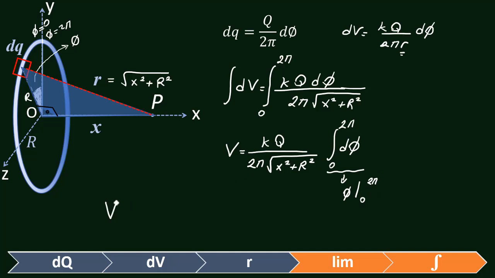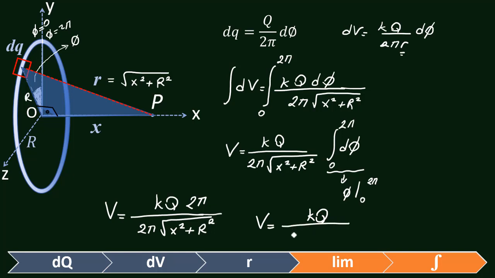So electric potential due to a ring charge at a distance x from the center axis is kQ over 2 pi square root of x squared plus capital R squared times 2 pi, and the 2 pi's will cancel off, giving us a result of kQ over square root of x squared plus R squared, and this is our result.